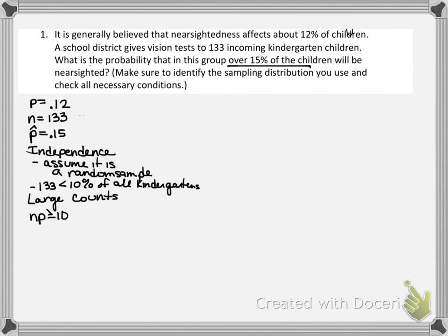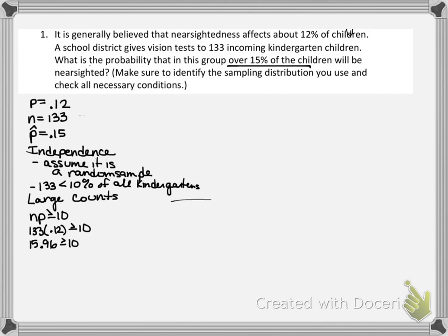So that would be 133 times p, which is 0.12. It needs to be greater or equal to 10. Use your calculator. 133 times 0.12 gives me 15.96, and that is greater or equal to 10. So it meets that one.